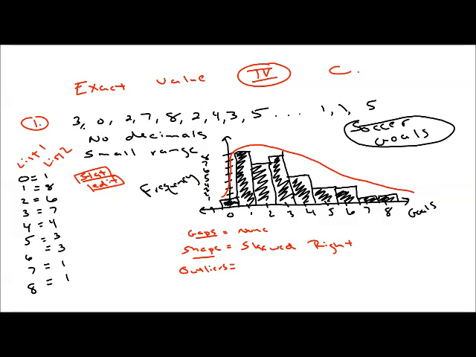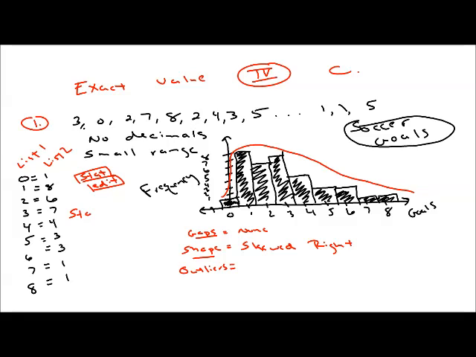In list 1, I'm going to put 0, 1, 2, 3, all the way to 8. And in list 2, I'm going to put the frequency: 1, 8, 6, 7, 4, 3, 3, 1, 1.